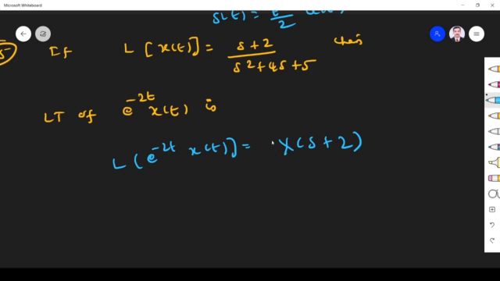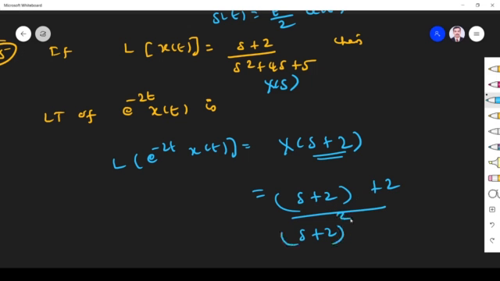So s should be replaced by s plus 2. So already we have s, so s plus 2 plus 2 divided by s plus 2 whole square plus 4 times s plus 2 plus 5. That is the answer.